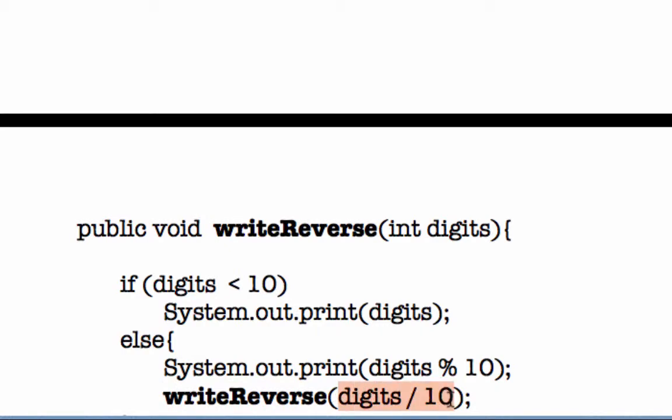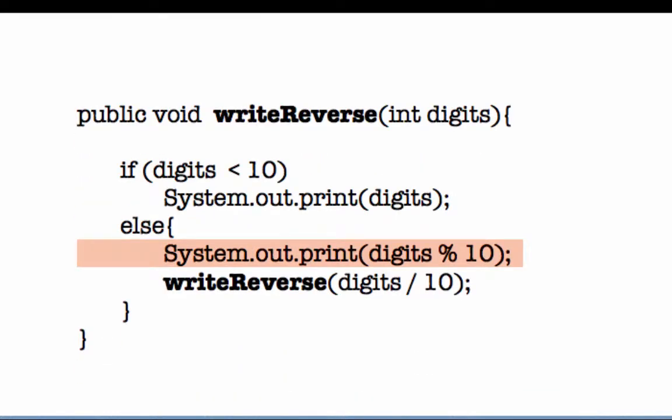If I start with 123, for example, and I divide by 10, I'm going to pass 12, because 123 divided by 10 is equal to 12. So dividing by 10 reduces the size of the problem by extracting the last digit, because the last digit was the one that I printed. And that's the solution to the problem.